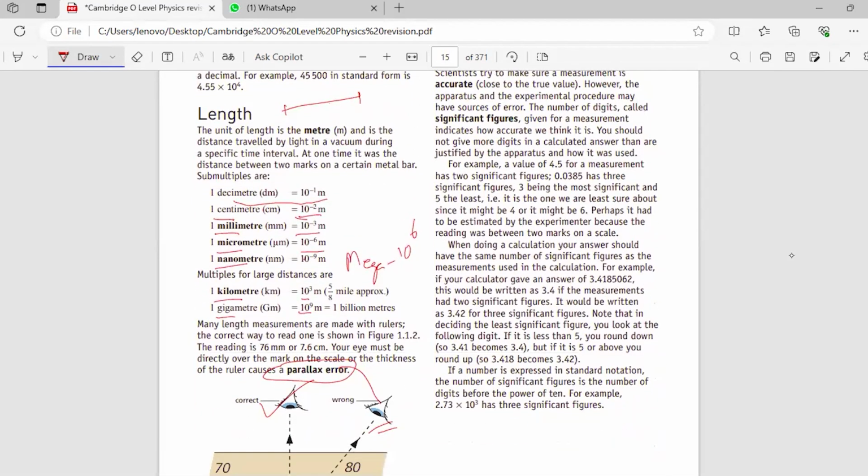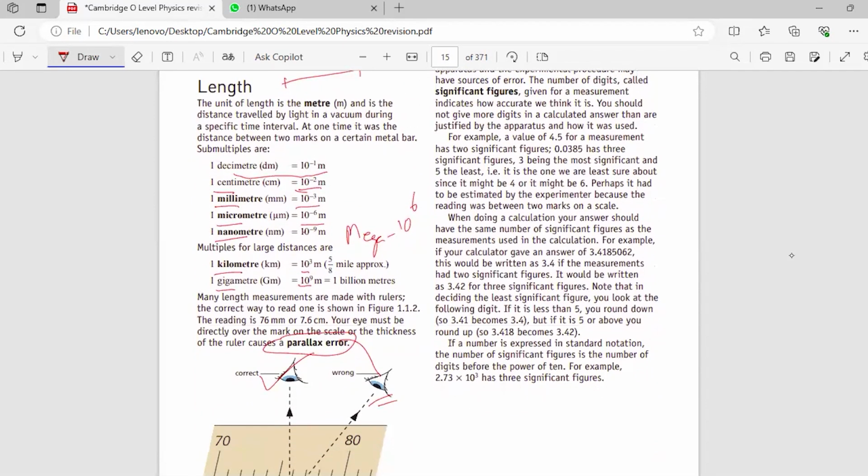Significant figures. When you have a number, it is preferred to write it in scientific form, and as many digits as are there are significant, and we use the rounded answer. That is 3.4, which is a 2 significant figure answer.